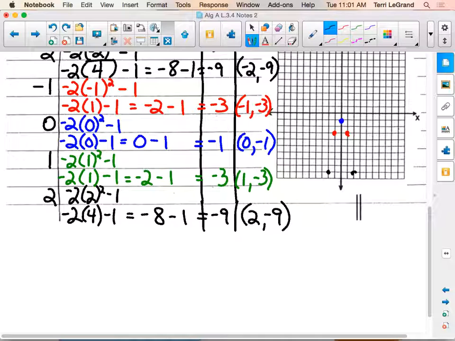Now, after you get your 5 points down, we're going to talk. So I just graphed mine in the same colors that I did my work in.